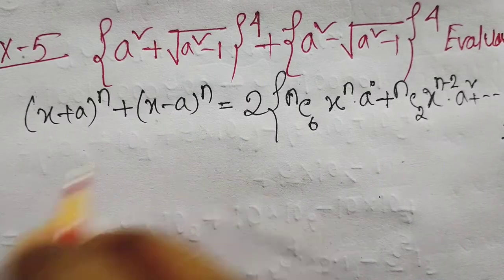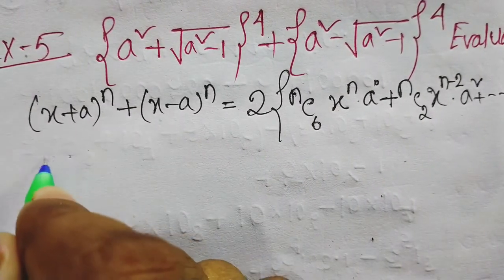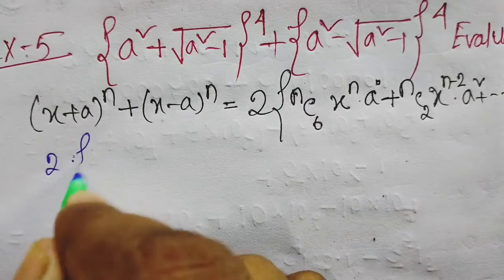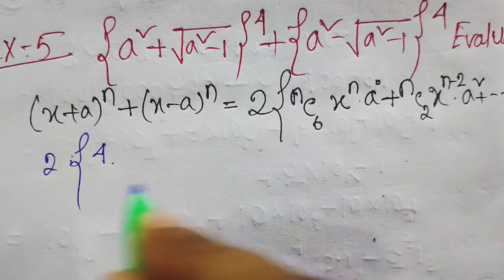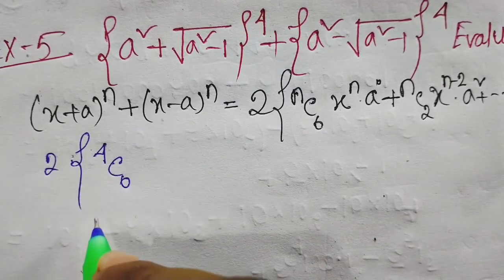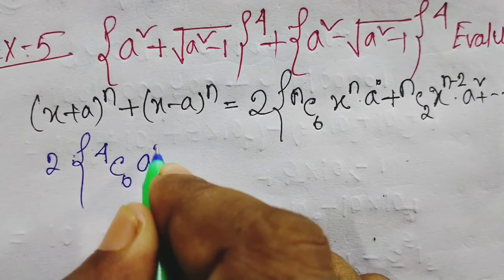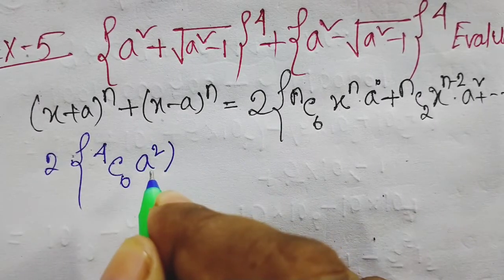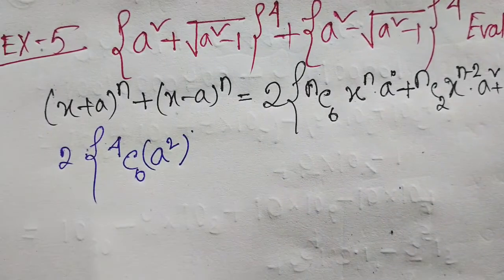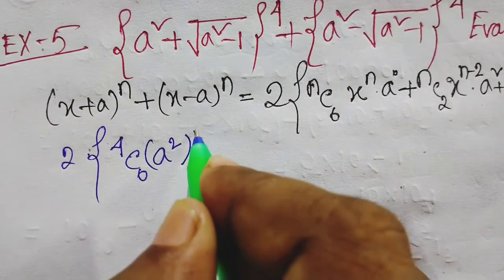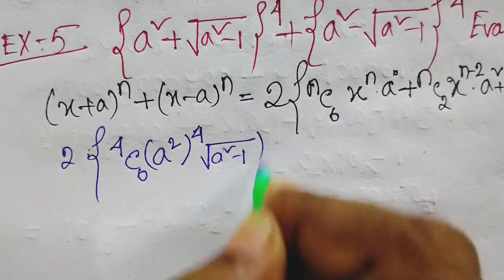Now using this formula we get 2 into, the value of n is 4 here, so 4c0 (a square) whole to the power 4 here, and (under root a square minus 1) whole to the power 0.